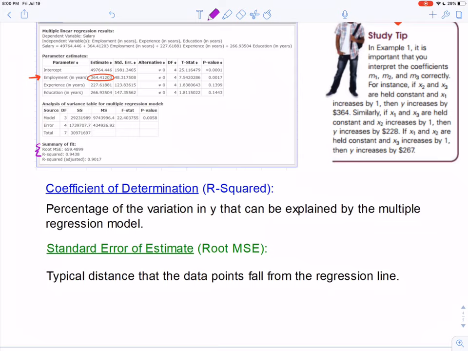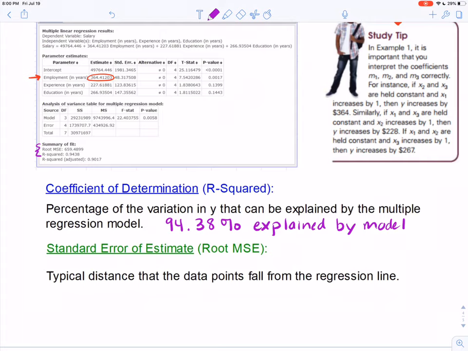So if we look at our R squared here, what we're saying is that approximately 94.38% of the variation is explained by our multiple regression equation, or multiple regression model.